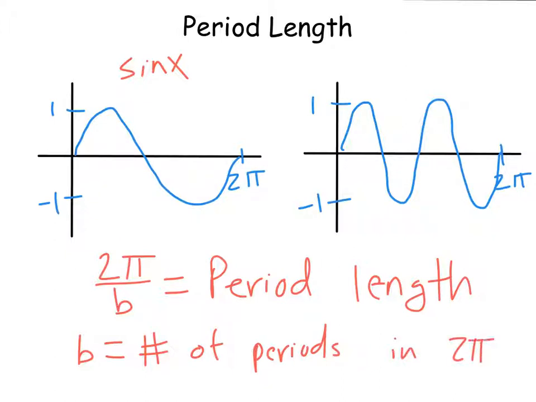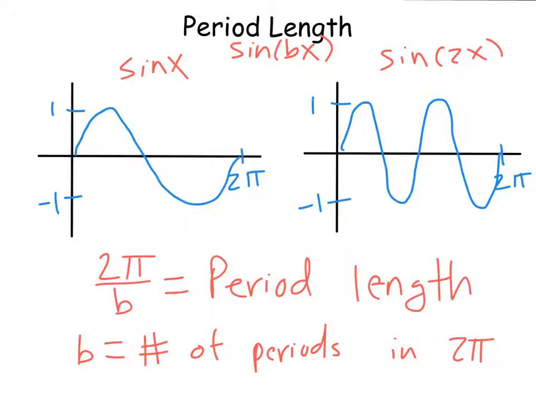If you relate it to the graph, that's actually what it means. Now, A goes out in front and B is in here, like sine of bx. When you think about the definition of B, you could probably figure out that's sine of 2x, because in 2 pi, it's doing 2 periods.